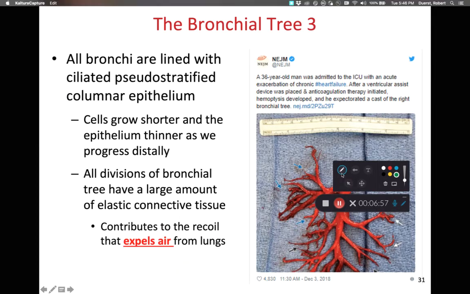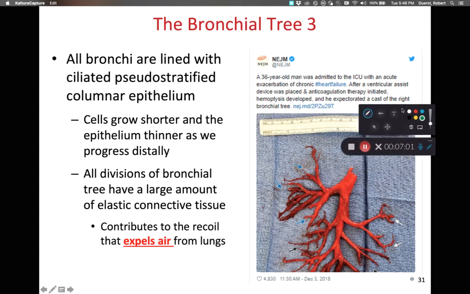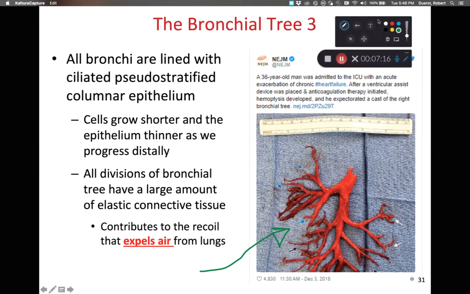I would be remiss if I did not mention some cool things about the bronchial tree, such as the fact that you can have blood clots form in your bronchial tree. So, when you look at this slide, the picture really jumps out at you. This right here is a blood clot. And as we look at this blood clot, we have a ruler up on top in centimeters to give you a scale of reference. This man had inspired his own blood.